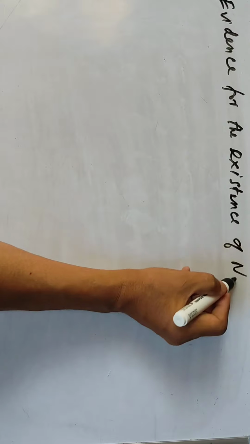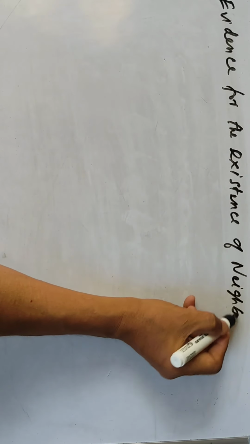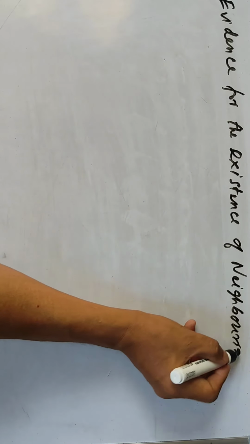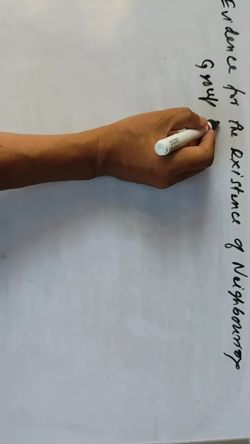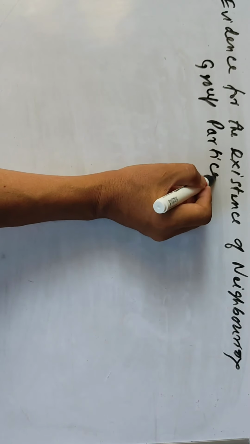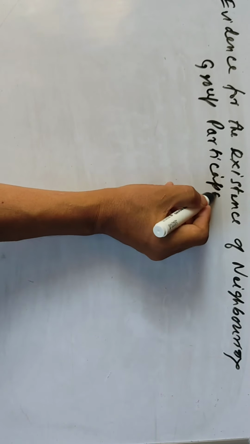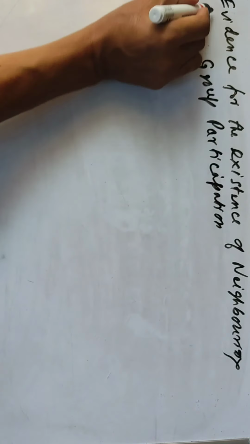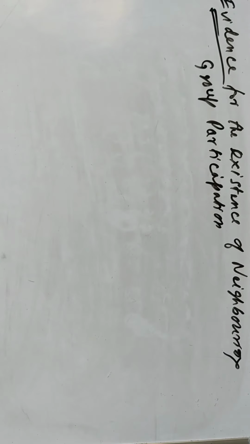So what is the evidence here? The evidence for this neighboring group participation can mostly be explained by solvolysis of compounds. Then we can say whether neighboring group participation takes place or not.